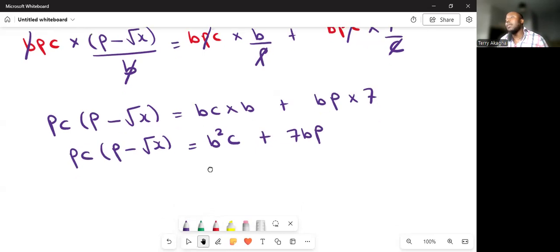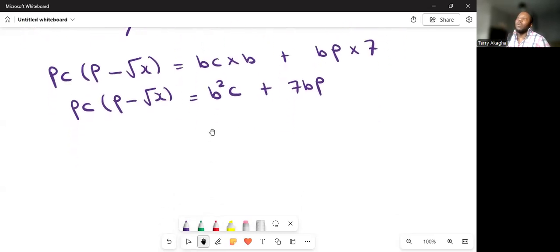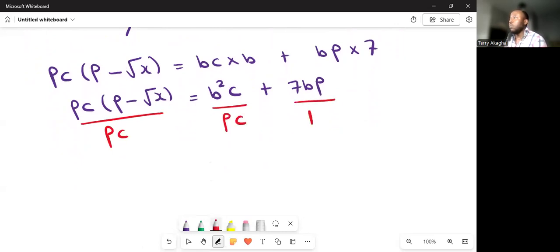The next step, I need to get rid of the pc because I want to make x the subject of the formula, okay? So I can divide both sides by pc. So this will cancel that, c will cancel this, and p will cancel this.